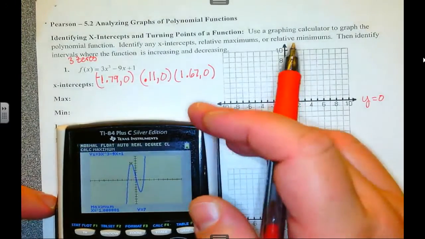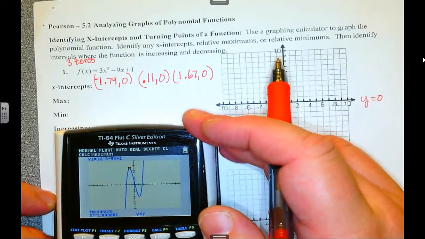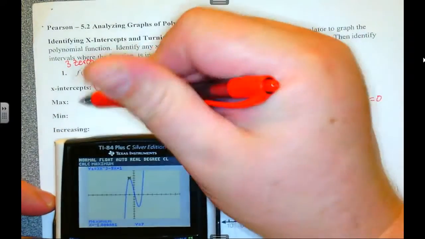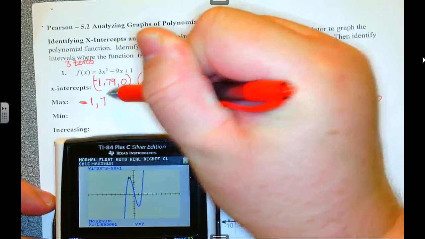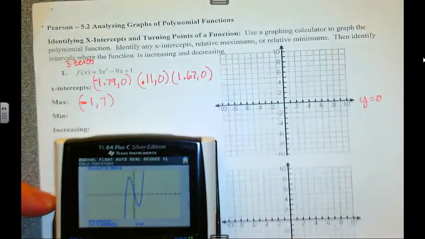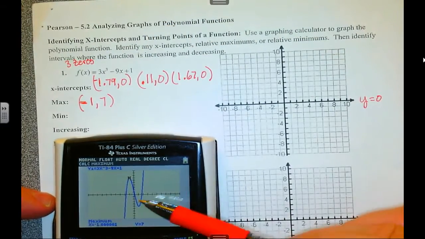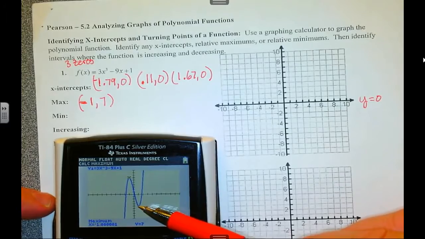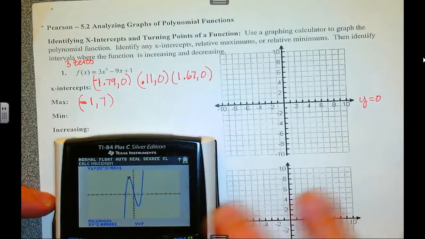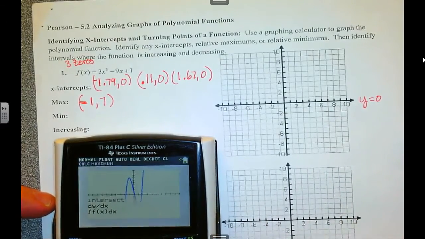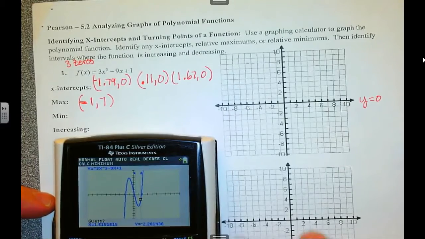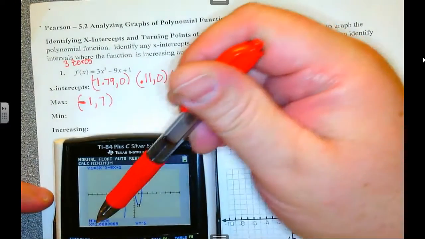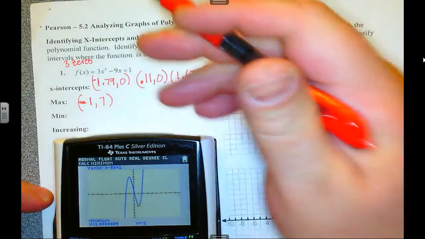And my maximum is at -1, 7. Got to find the min. I got to go back and find the minimum, this vertex. Second trace, minimum. Left bound, enter. Right bound, enter. Enter again. And it's at 1, -5.